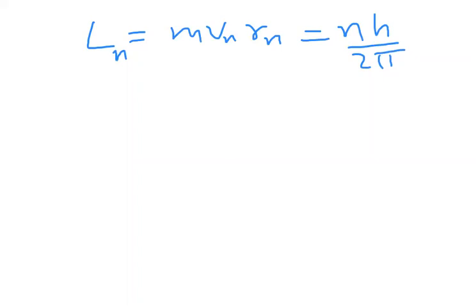Here n is the number of the orbit, h is Planck's constant, Vn is the speed of the electron in the nth orbit, Rn is the radius of the nth orbit, m is the mass of the electron, and Ln is the angular momentum of the electron in the nth orbit. So Ln is equal to mvnrn is equal to nh by 2 pi is our formula.